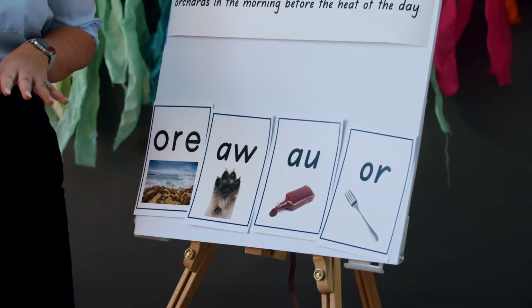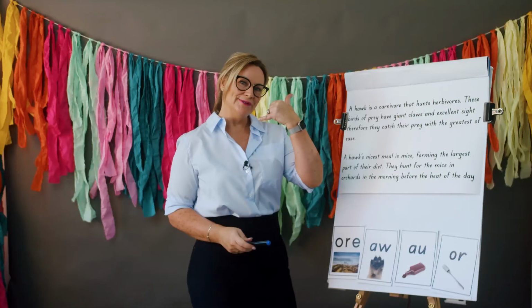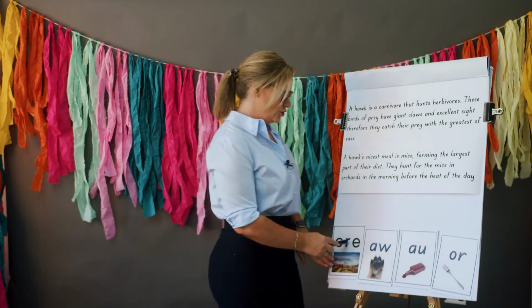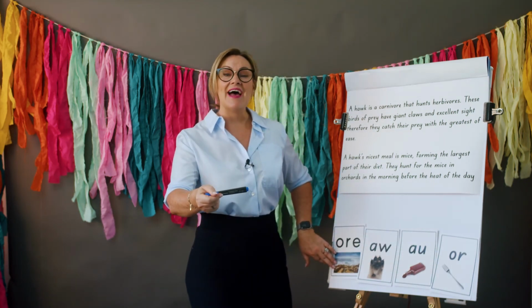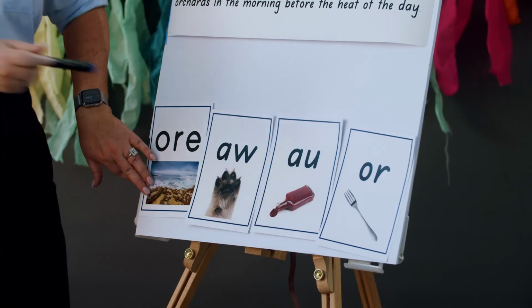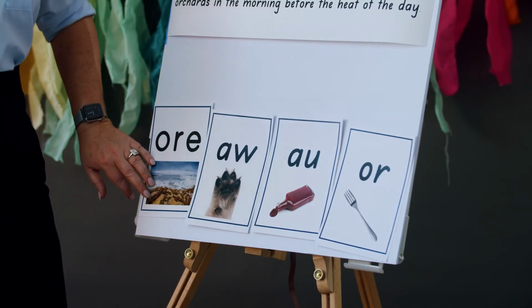Why is that really important? Do you remember those homophones? Yes, we actually need to know these different spellings because they have different meanings in different words. And it does depend on the spelling. That's why we need them.